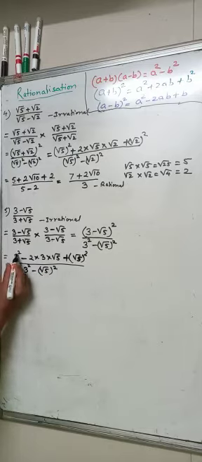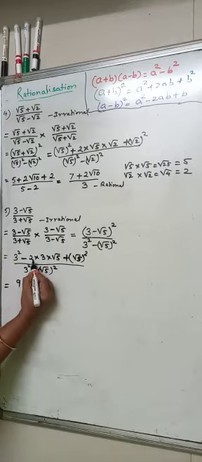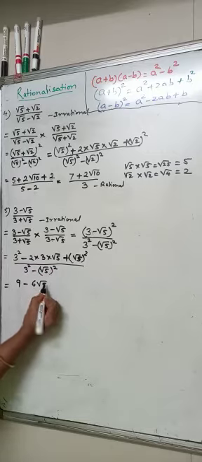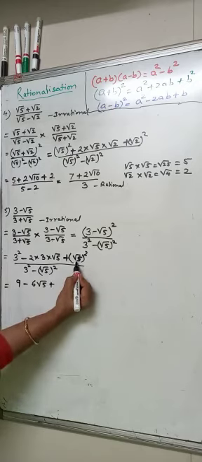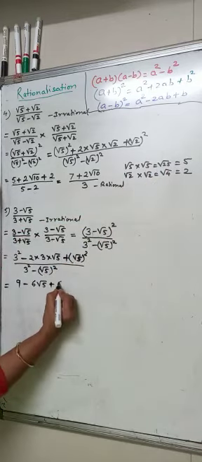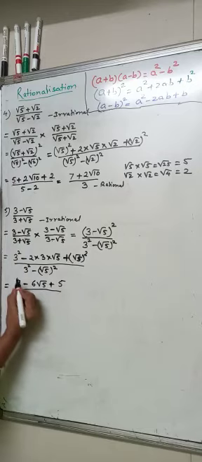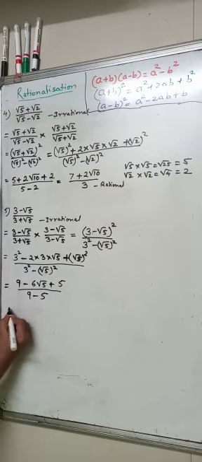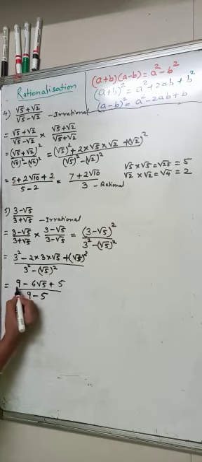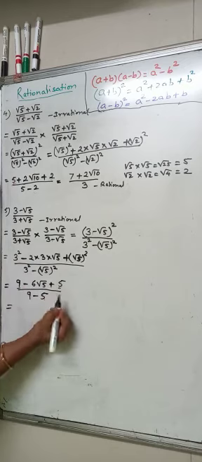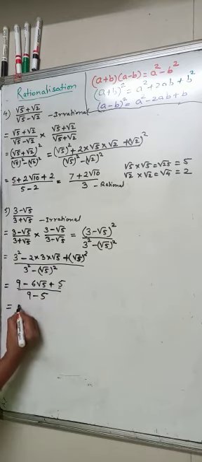We all know 3 square is 9, minus 2 into 3 is 6, into √5 is 6√5, plus, now we have already done (√5) the whole square: √5 into √5, √25, that is equal to 5, upon 3 square is again 9 minus (√5) the whole square is 5. 9 and 5 are like terms, both can be added together. 9 plus 5 is 14.